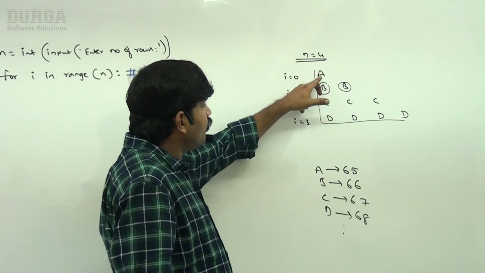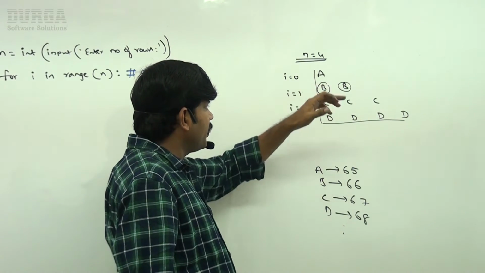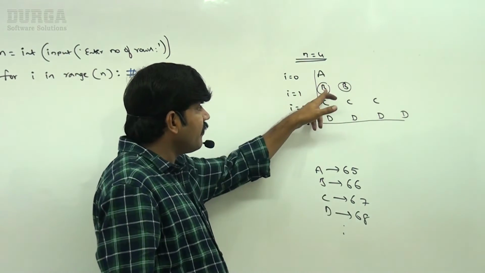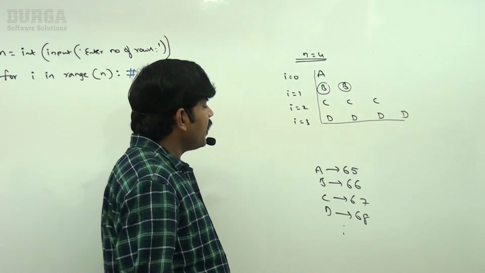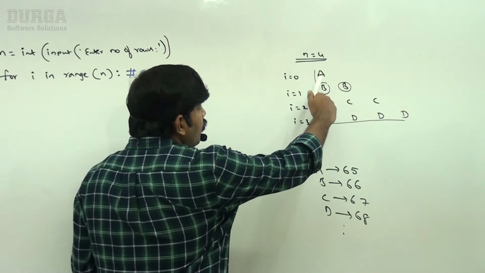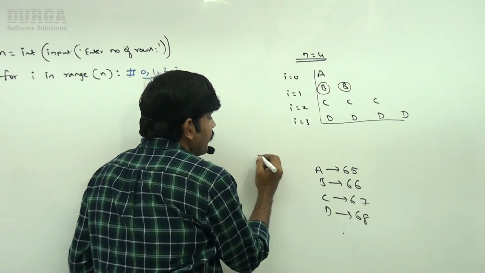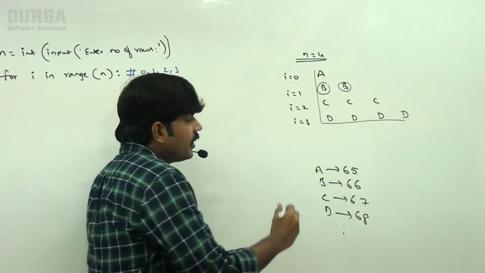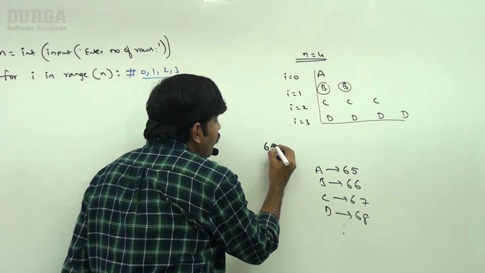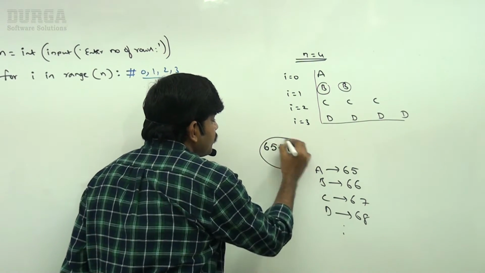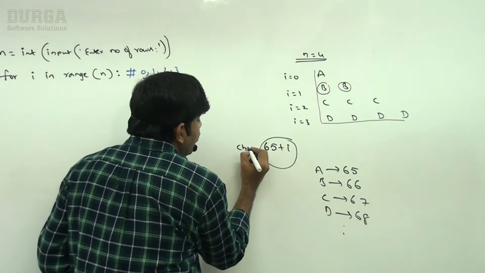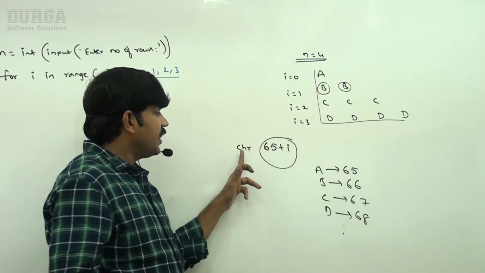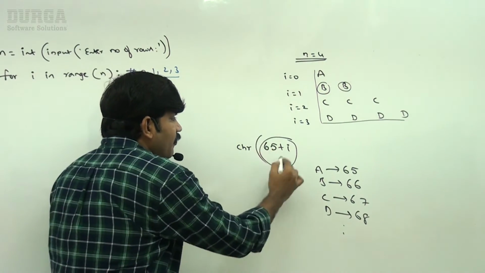First I want to print A, second B, third C, next D. How can you generate 65 in terms of i? Can I use 65 plus i value? So chr of 65 plus i.